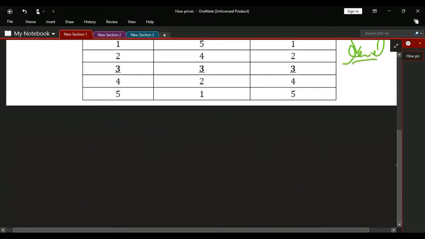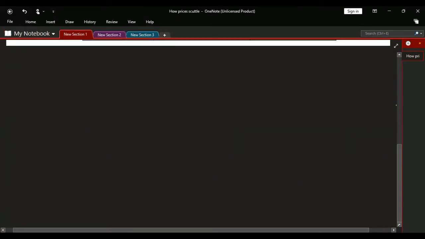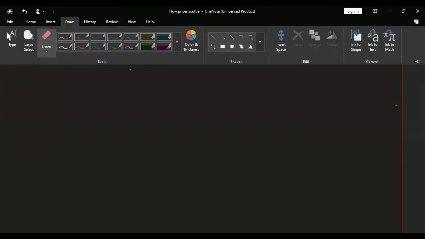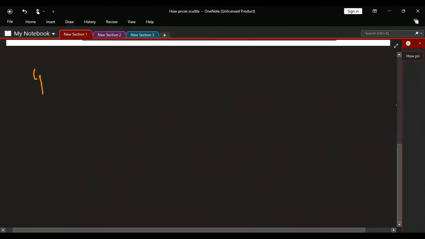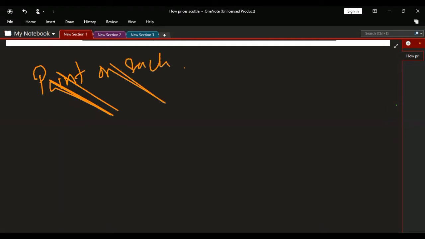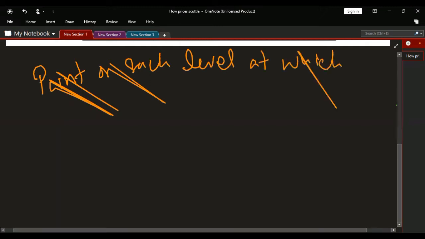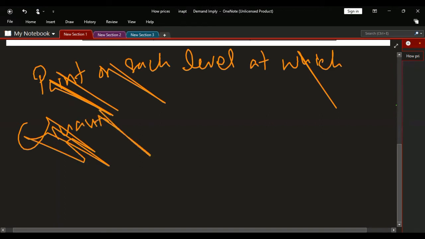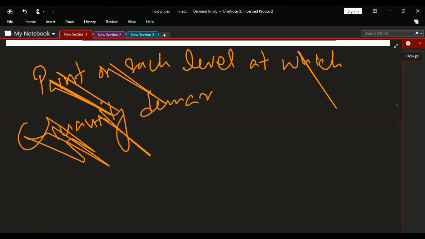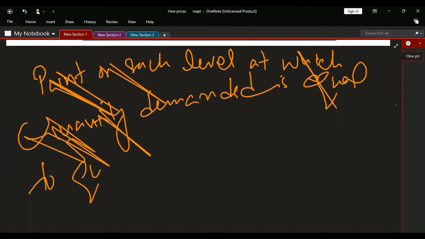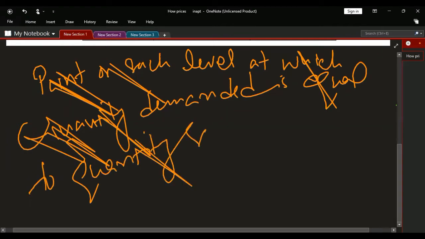So what we have learned: the point or such level at which quantity demanded is equal to quantity supplied.